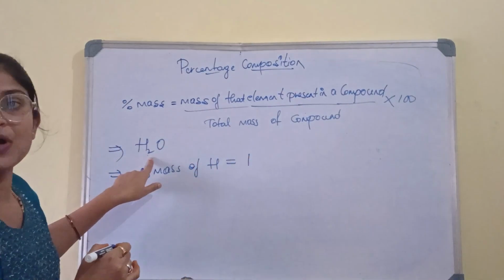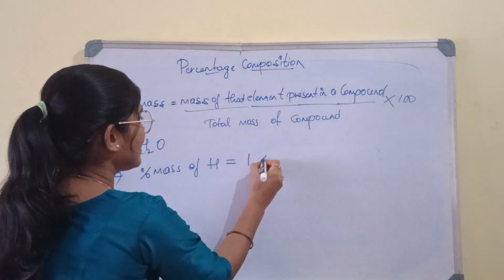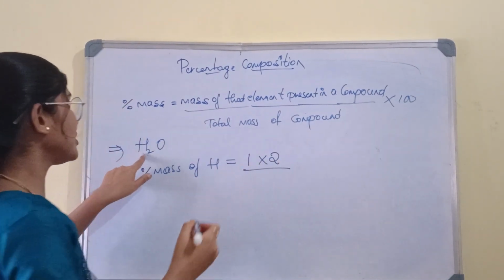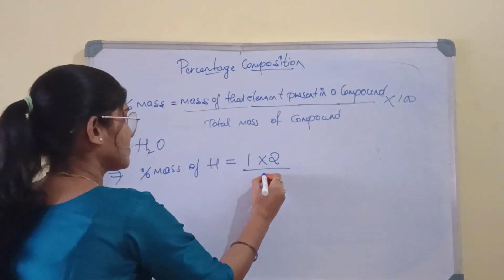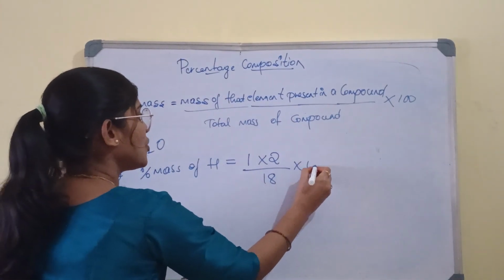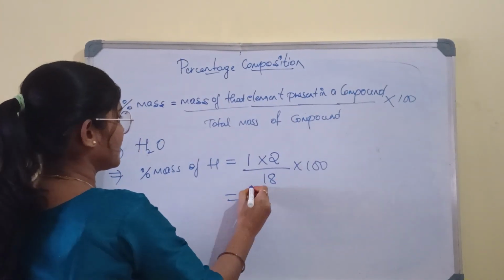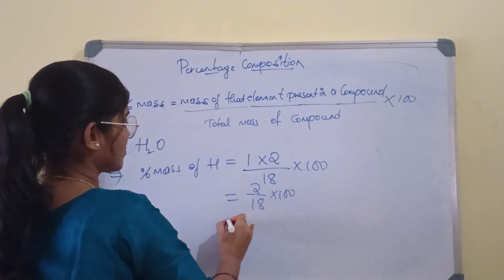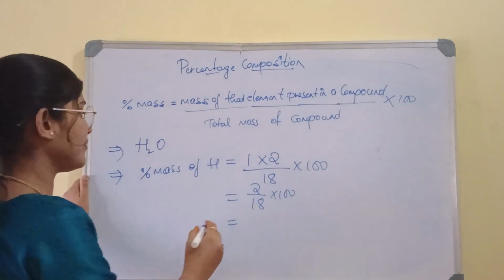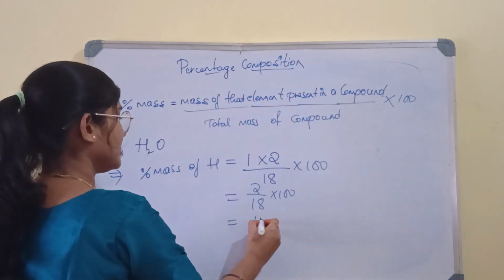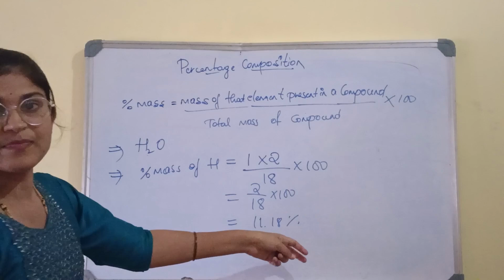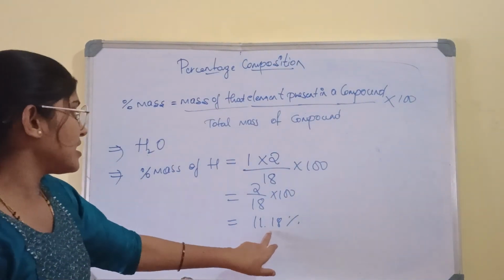Since we have 2 hydrogen atoms, it is multiplied by 2, divided by total mass. What is the total mass? It is 18, into 100. So you will get 11.18 something, about 11 percent.